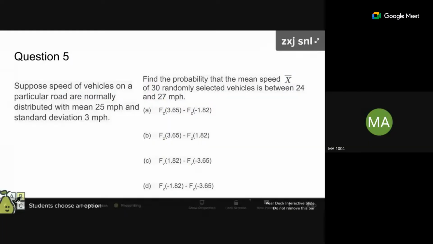So the next question is about: suppose speeds of vehicles on a particular road are normally distributed with mean 25 mph and standard deviation 3. Find the probability that the mean speed of 30 randomly selected vehicles is between 24 and 27. Okay.